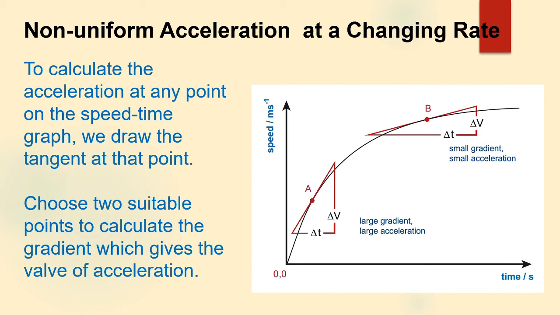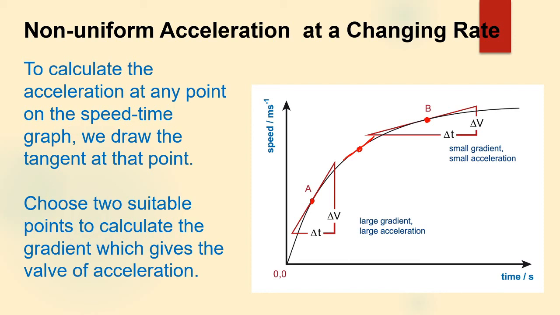For example, at A, here is a tangent, and that's the gradient of the graph. And at point B, here's a tangent, and that is the gradient of the graph.